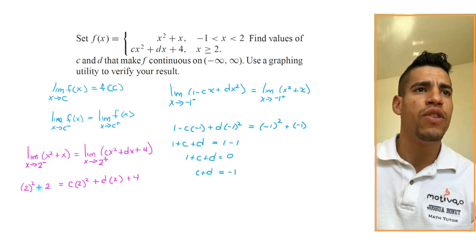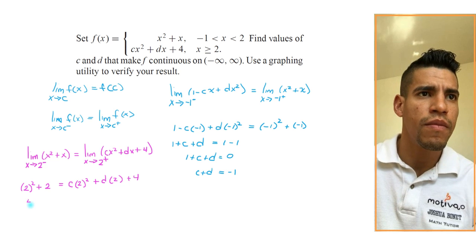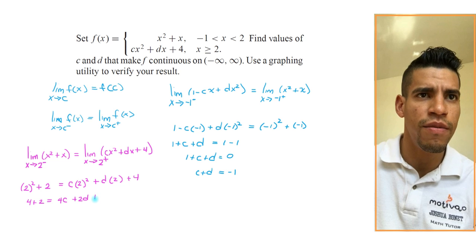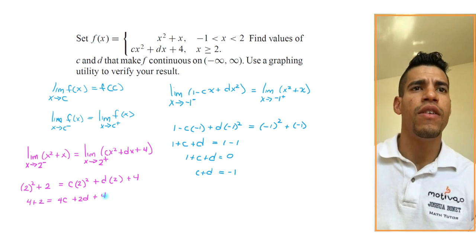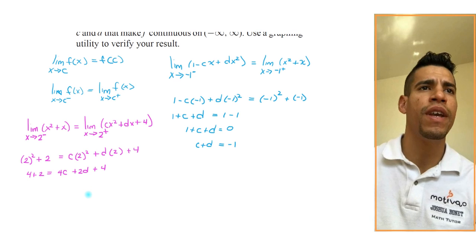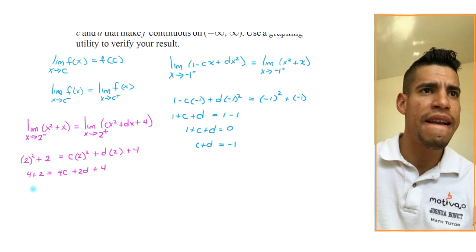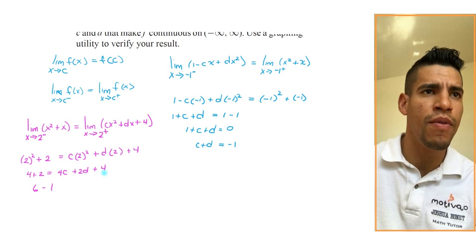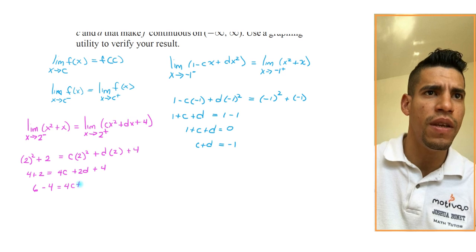Now 2 squared is 4 plus 2. So this is 4c plus 2d plus 4. Okay? So now we keep solving it. We have 6 here minus 4, because I'm going to move that 4 to the left, equals 4c plus 2d.